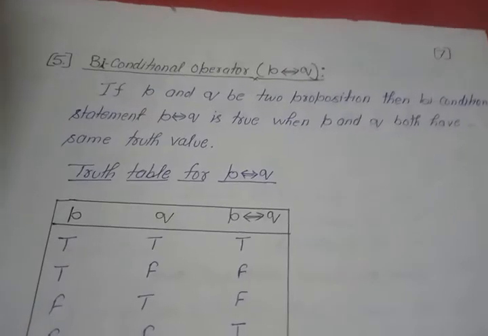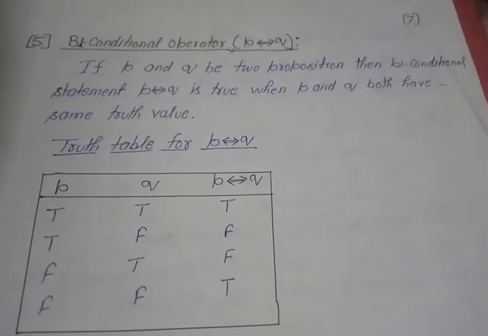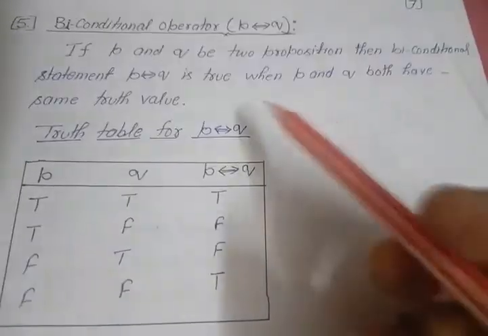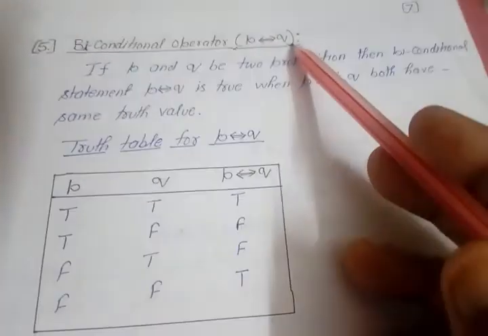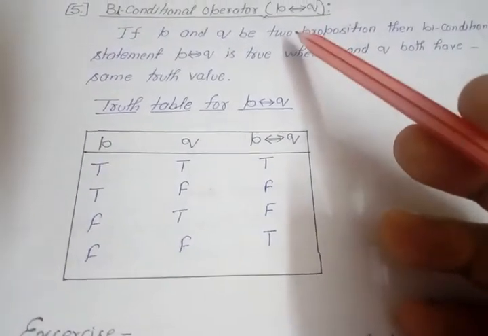This is represented by a reversible arrow as shown in the notes. Now the value of the compound statement P biconditional Q will be true if P and Q both have the same truth value.